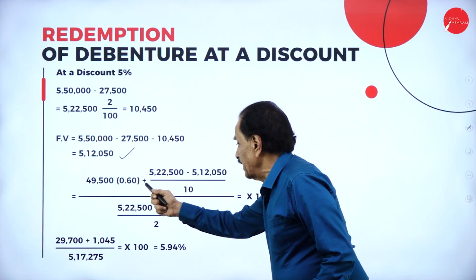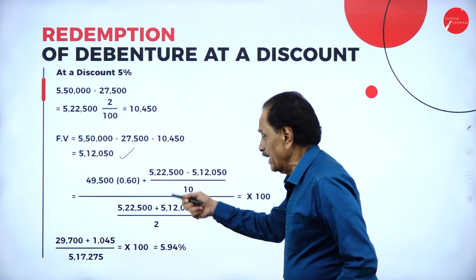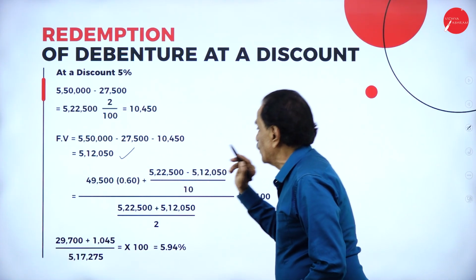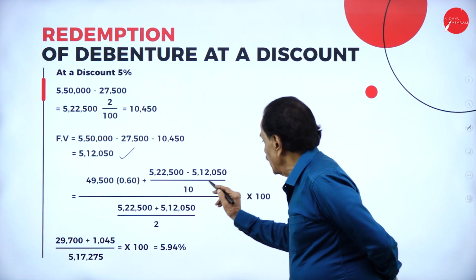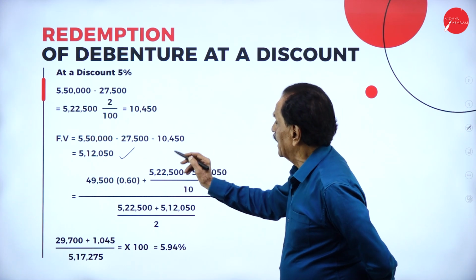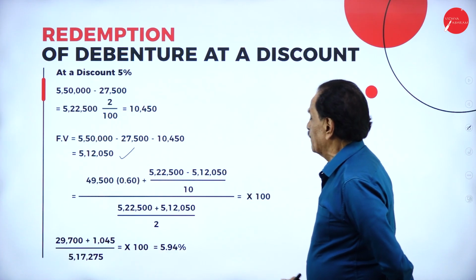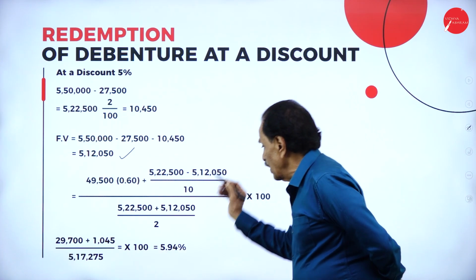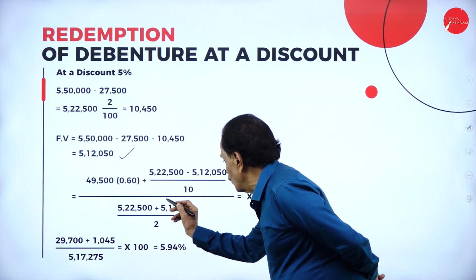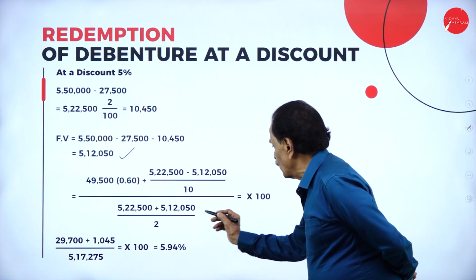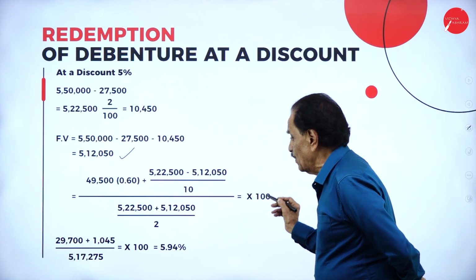So 49,500 into 1 minus T is 0.70: 5 lakh 22,500 minus 5 lakh 12,050 divided by 10, whole divided by 5 lakh 22,500 plus 5 lakh 12,050 divided by 2, into 100.